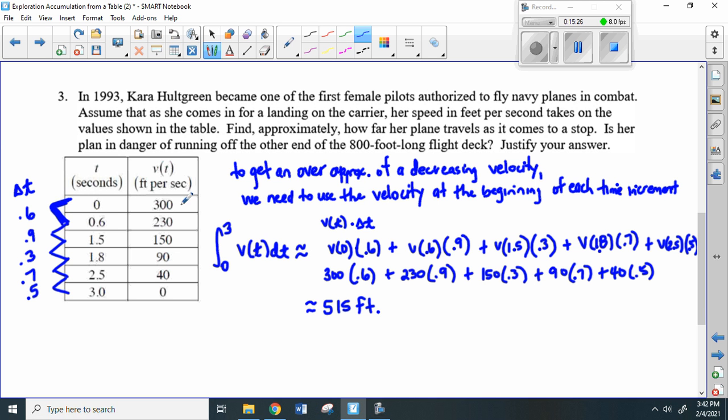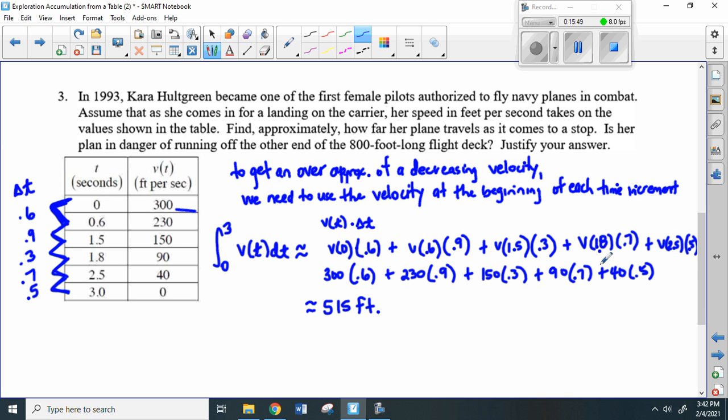Okay, so we're using the velocity at the beginning of the interval, but we're multiplying it by the time increment. And since each one of these time increments were different, we had to break it up into several pieces. So it's the velocity, which in the first one is 300 times the time increment 0.6. Then the second velocity was 230, and that time increment was 0.9, and so on and so on.